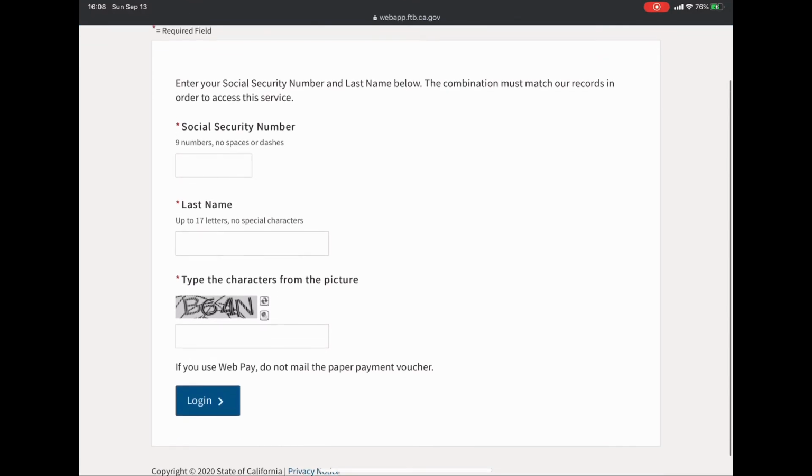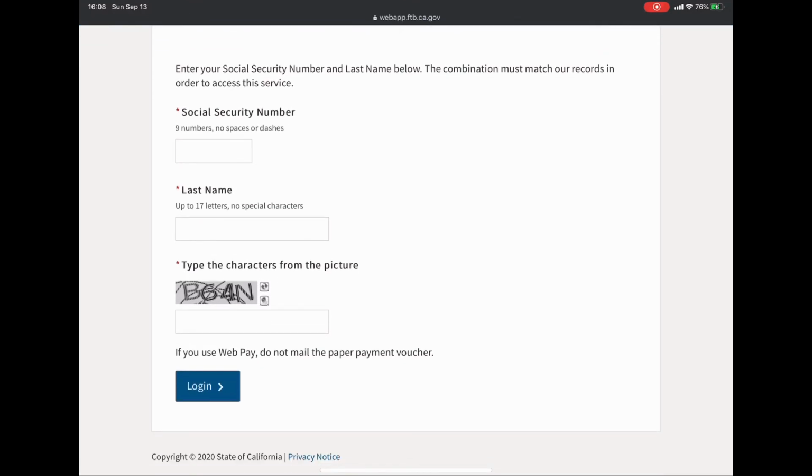And from here you'll have to type in all your information so that they can compare it with the previous year and verify your identity once again. This one, like I mentioned in the previous video, you may have to go through and create an account with the state before this is accessible. So hopefully you've already done that.